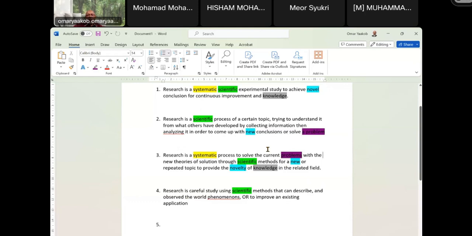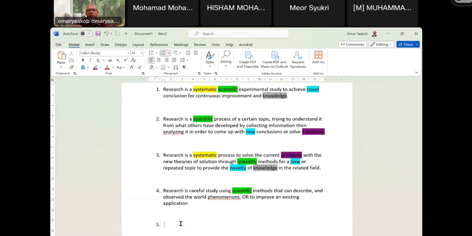What else? If none, then you need to come up with one definition that has all this somehow. Who wants to try? Okay, you write on your own, you don't have to show us. You craft a new definition number 5 that has these common elements as much as possible. It must be something systematic, something scientific.